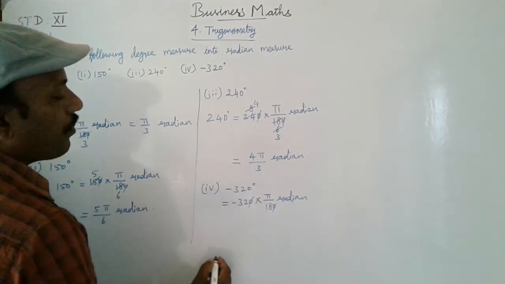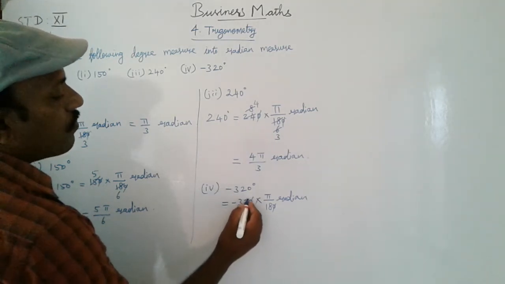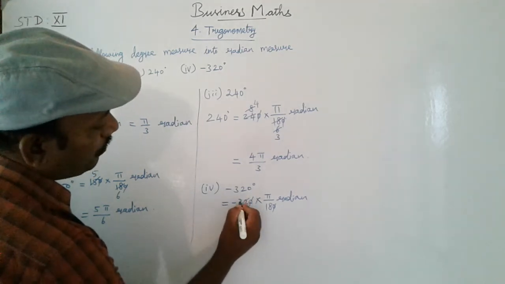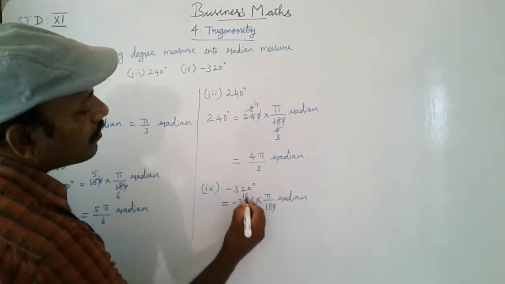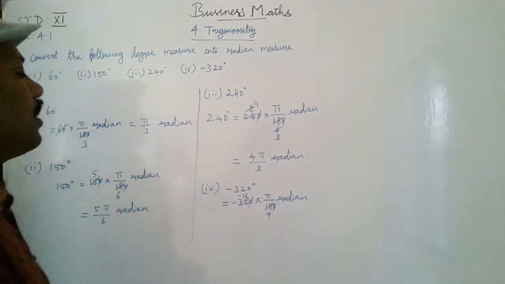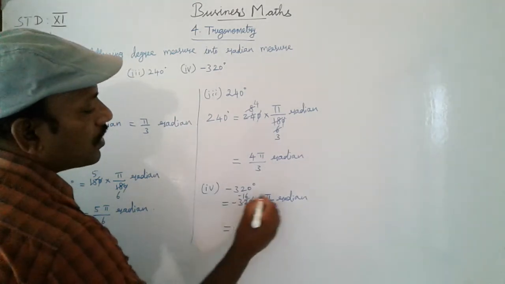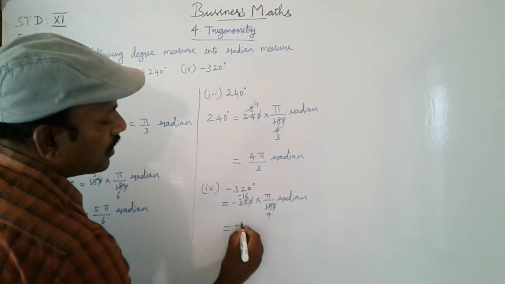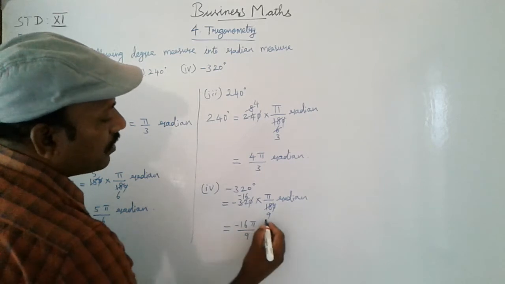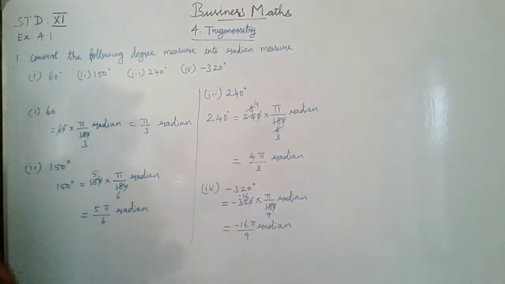Ten tens cancel. 2 eights are 16, and 9 times. So minus 16 into pi is minus 16 pi divided by 9 radian. That's all.